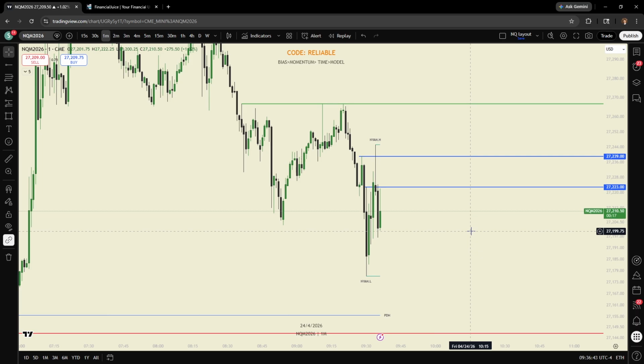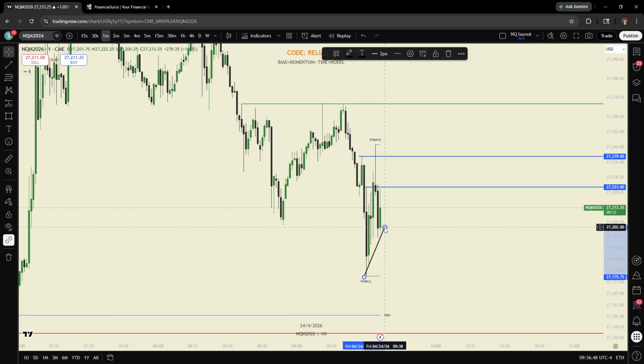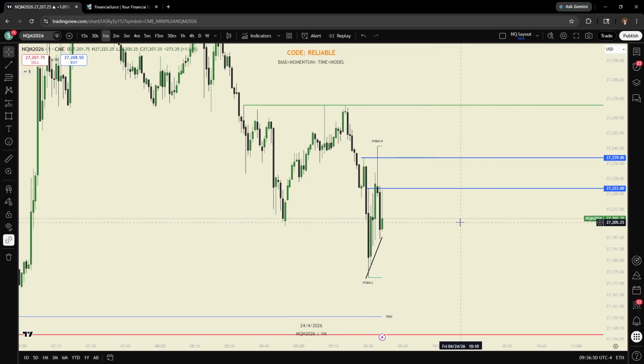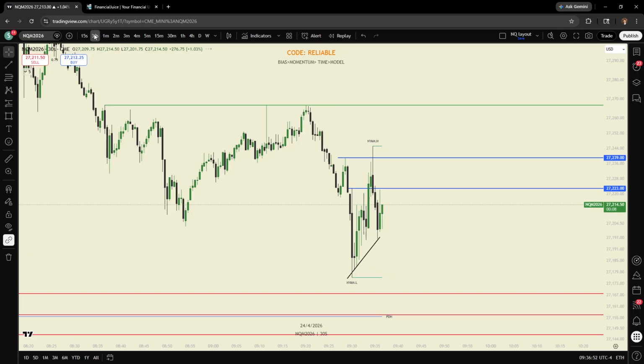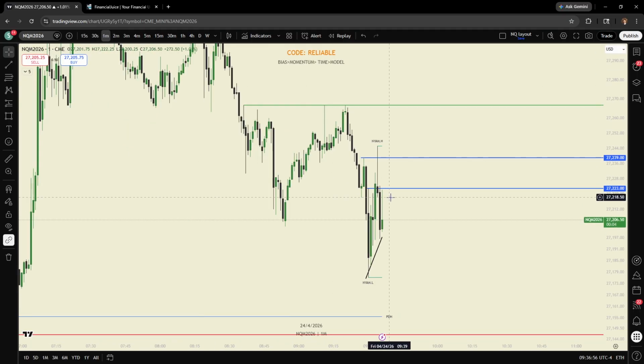SMT at the low and internal here. Oh, nice, nice, nice. Yeah, I should have stuck to my hunch earlier and just taken the 1 hour, but it's okay. Equal highs are something I feel like you have to target.